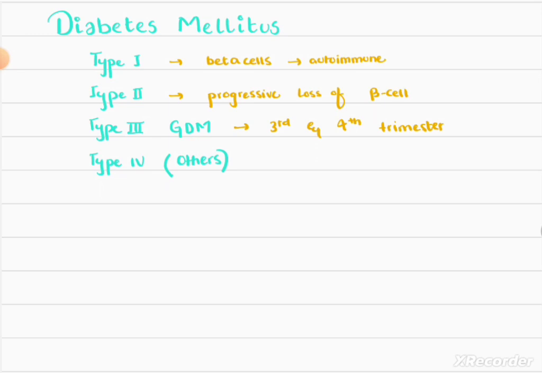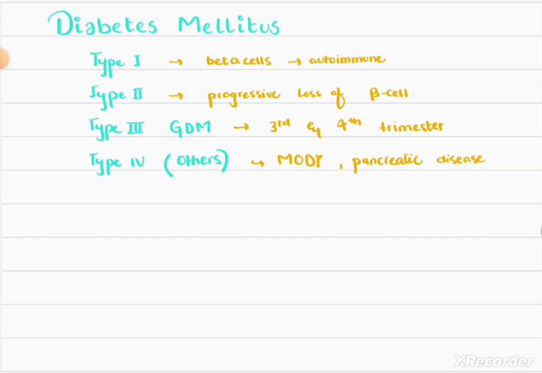Type 4 diabetes includes MODY, which is maturity onset diabetes of the young. It also includes any pancreatic diseases which can cause diabetes or an insufficient release of insulin.